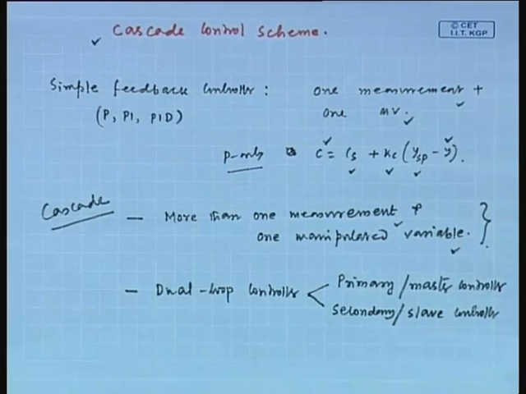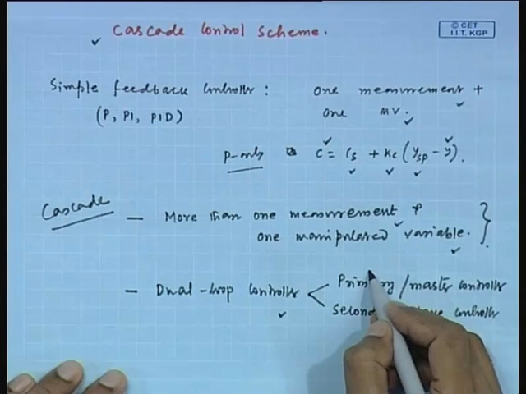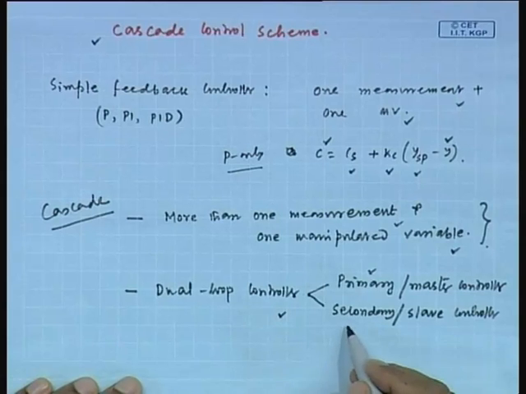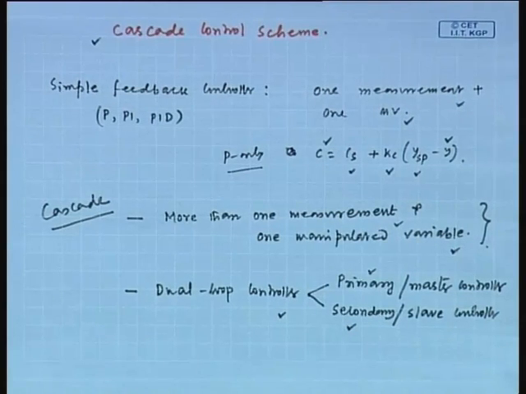First one is called the primary or master controller, and second one is called the secondary or slave controller.